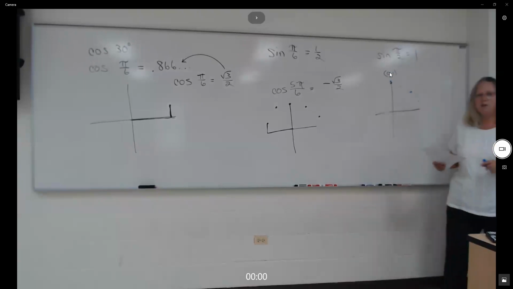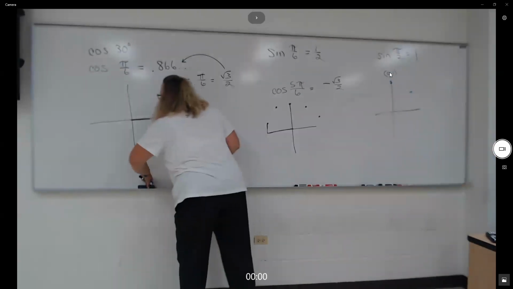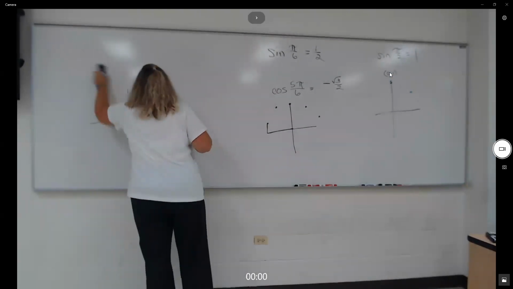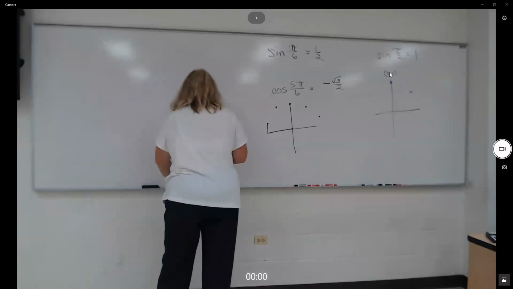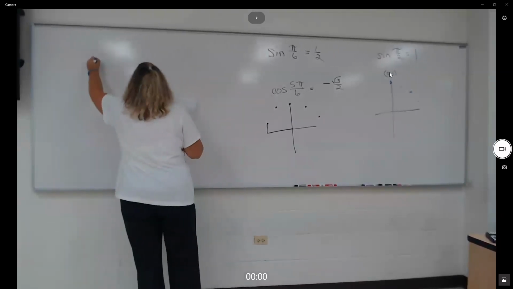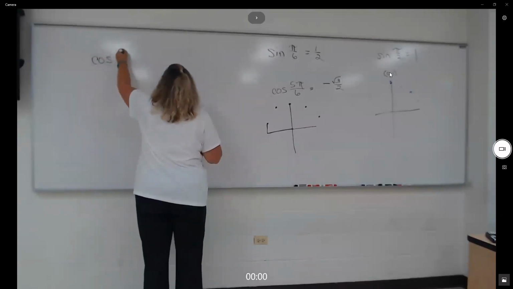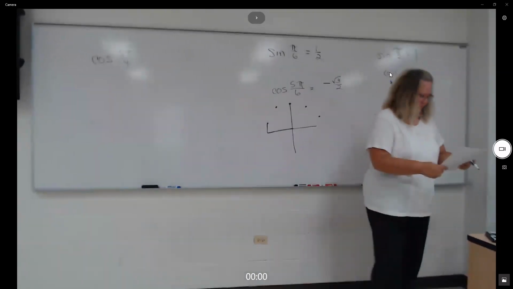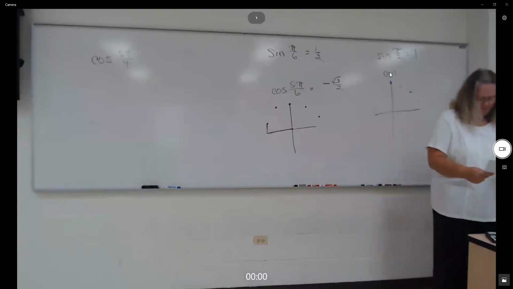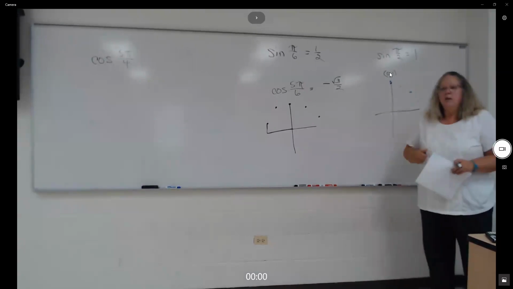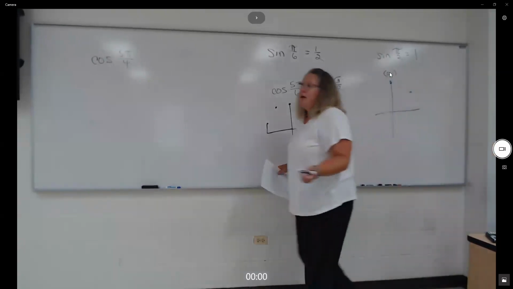Okay, so you can either look at your unit circle or kind of count around and then figure out where you're at. Let's do cosine of 5 pi over 4. So look it up or count around.